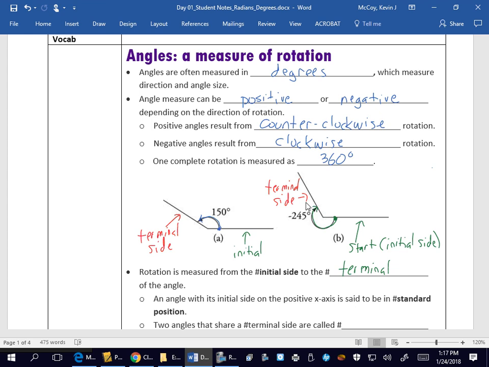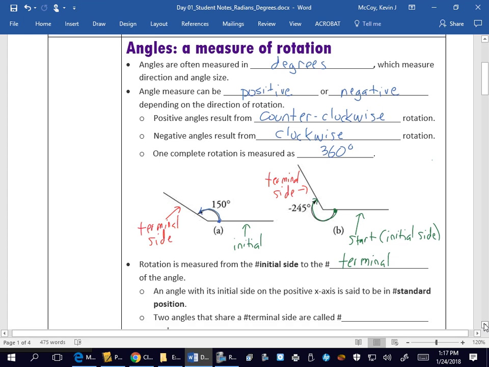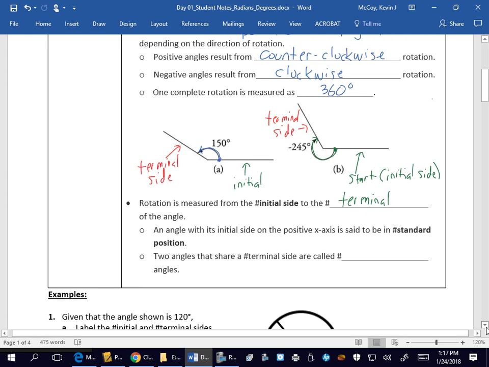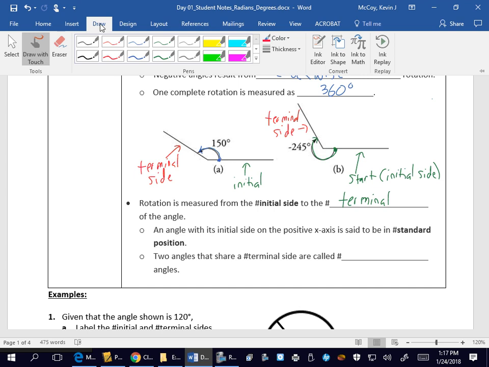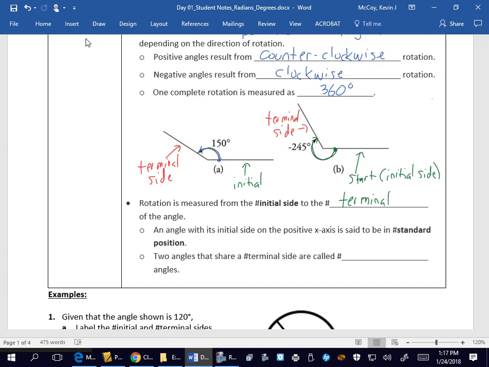An angle that has its initial side on what is considered to be the positive x-axis is said to be in standard position. So again, let me tell you what I mean by that. If we were to draw an XY axis through one of these, I'm only going to do it for one of them.